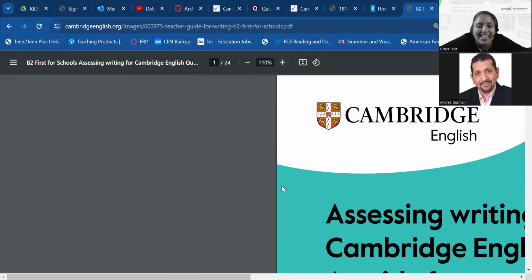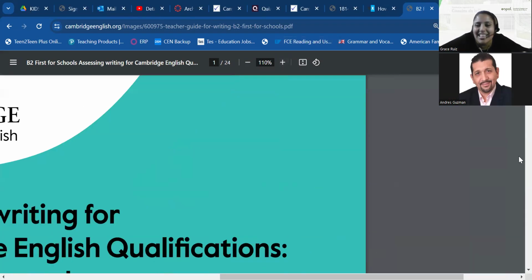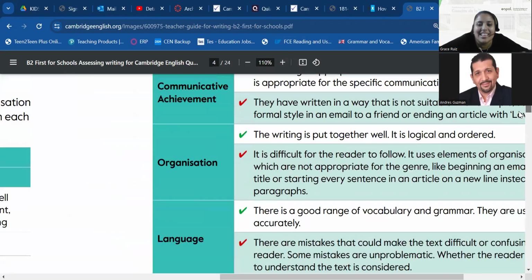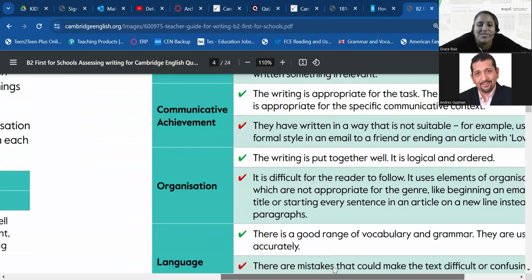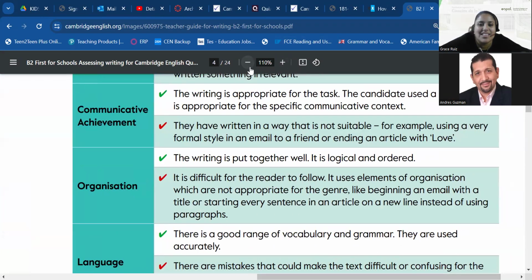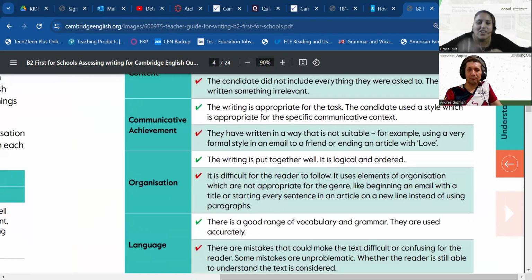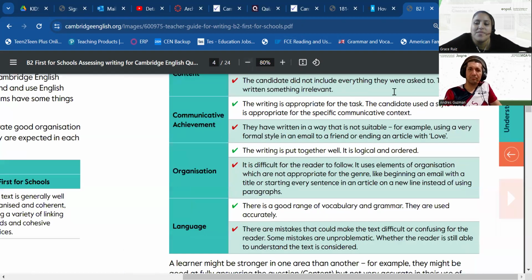A ver. Aquí estamos. Aquí está. Ok, entonces, un poquito menos para que nos entre.